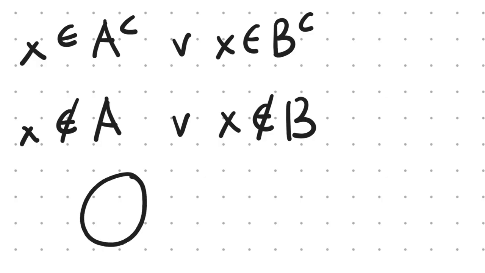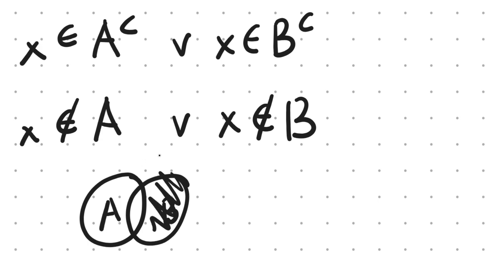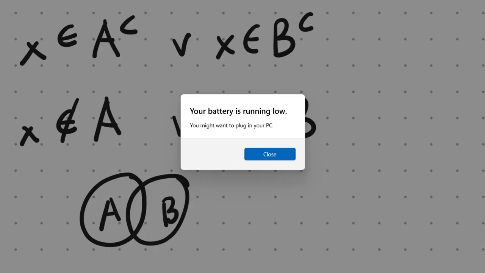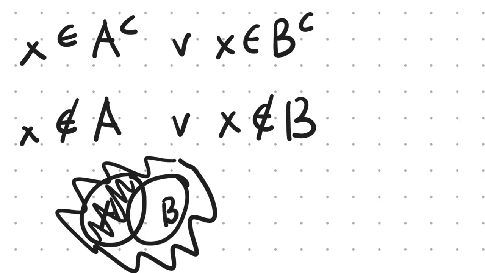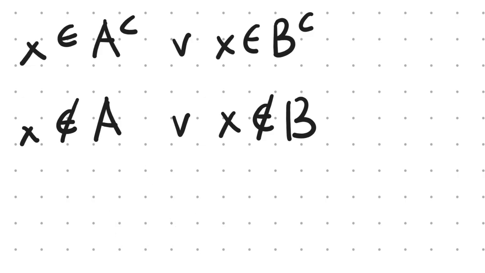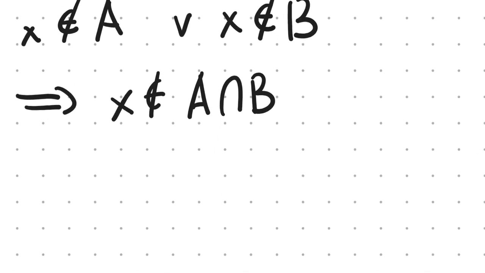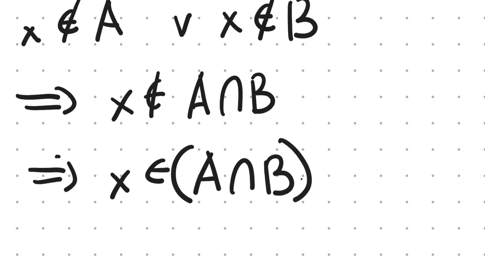So if, let's say, A is this set and B is this set, so we have A and B, and X is not in A or X is not in B. If X is not in A, X can be in B and the complement of A, or if X is not in B, X can be in A and the complement of B. So if we have this, we can actually imply that X cannot be in A intersecting B. So if we take the complement on both sides, X is an element of (A intersect B) complement.